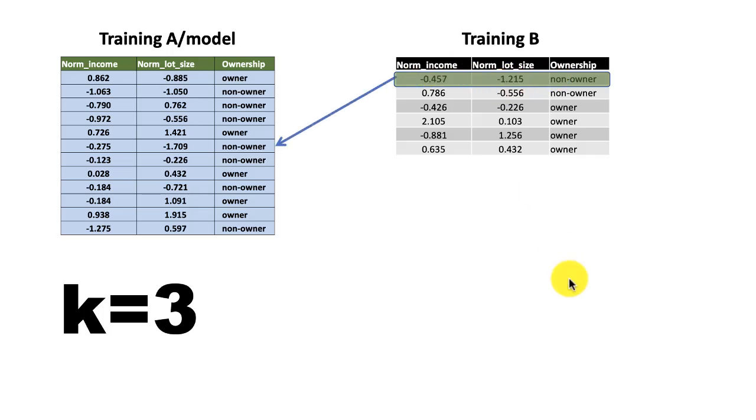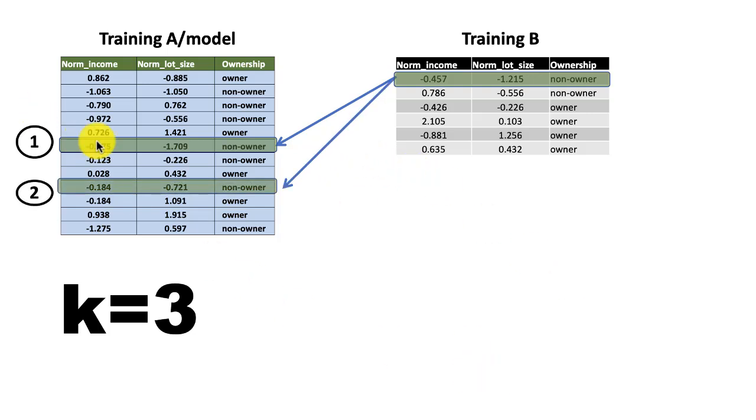Okay, so let's say that you've done the computations, I have done the computations, and it turns out that the nearest neighbor is this one, the second nearest neighbor is this row, and the third nearest neighbor is that row. Okay, so which means what?